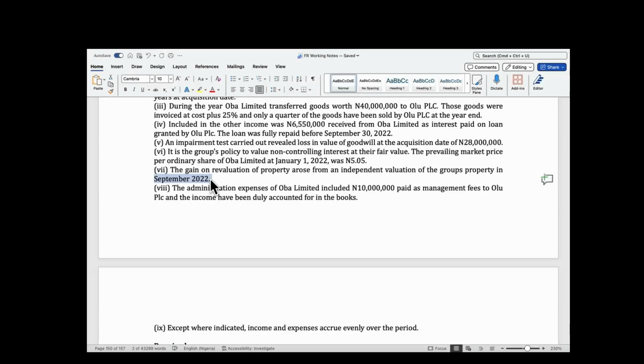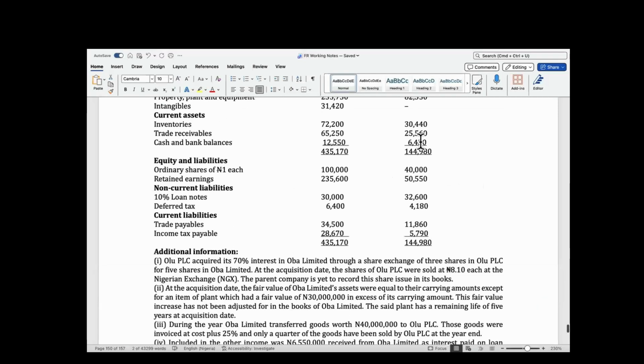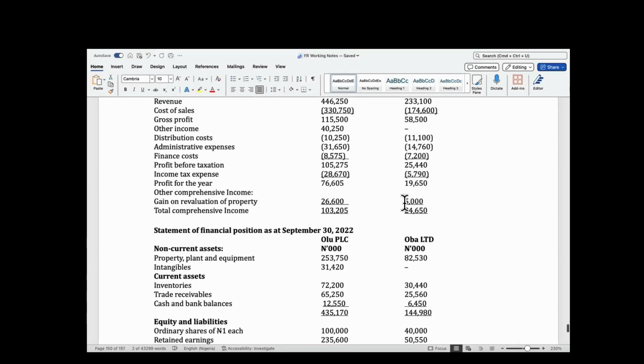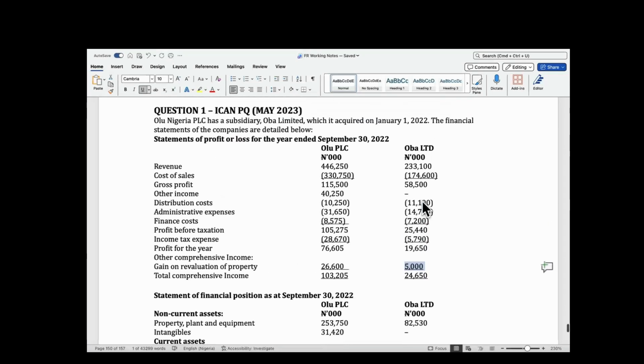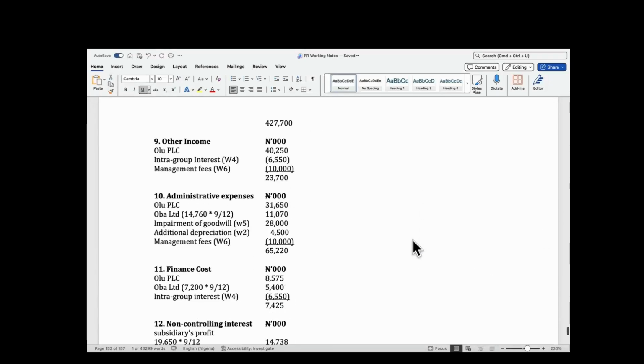So we cannot say we have a share of everything. As far as that year is concerned, we should have just 9/12 of it because we acquired it in January. So any element of its profits, we take 9/12. We can't take the whole.